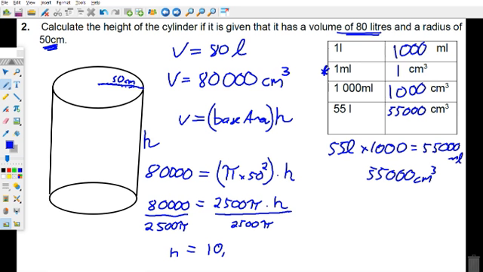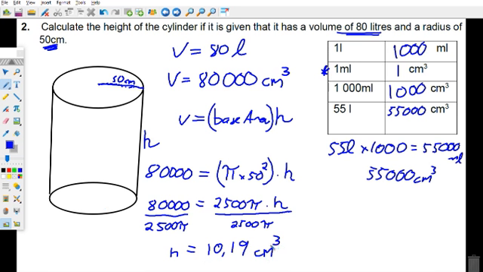Okay, 2 decimal places. I want 2 decimal places. 10.19. Okay, and then what's missing here? The units.